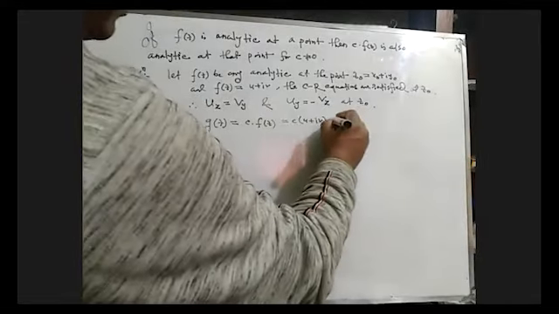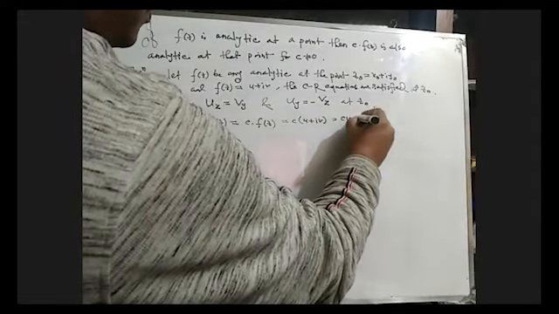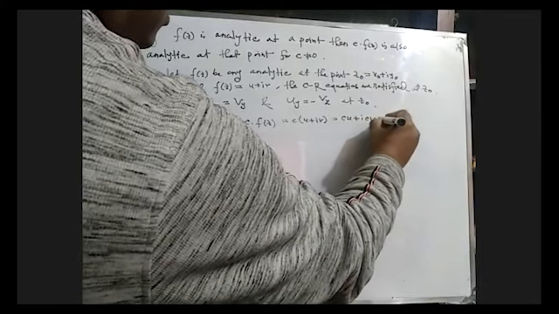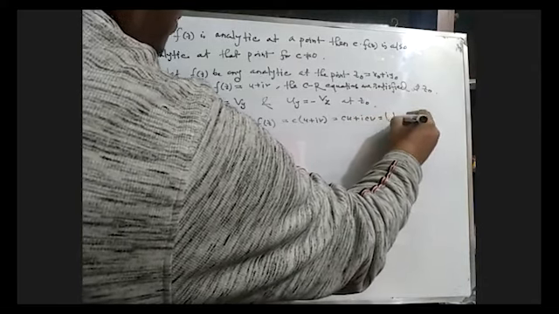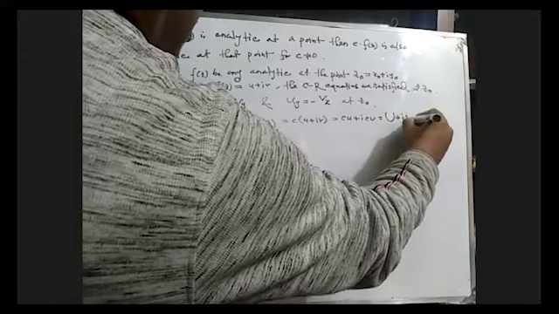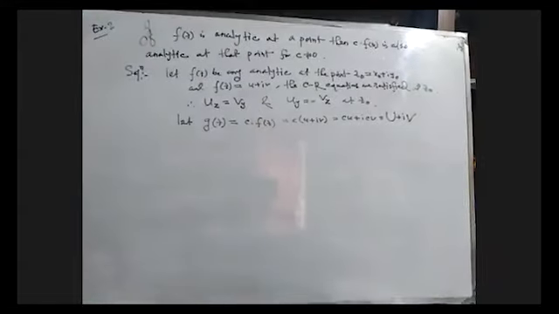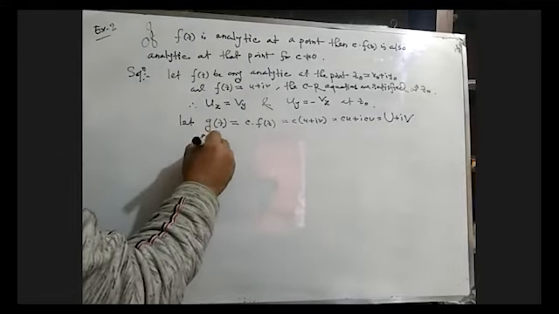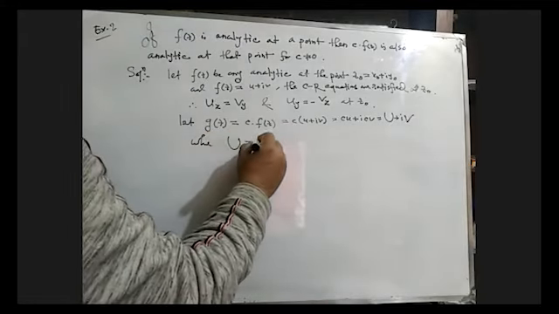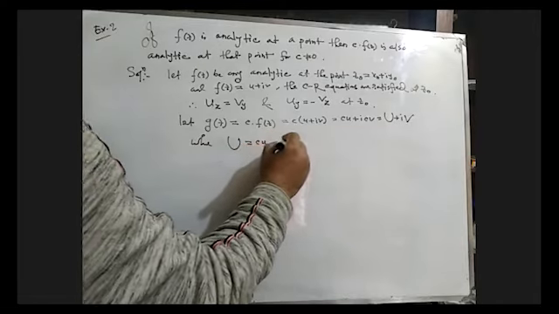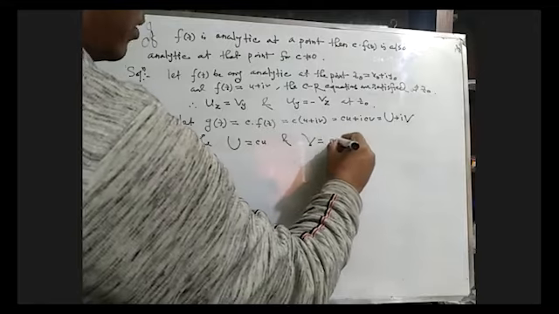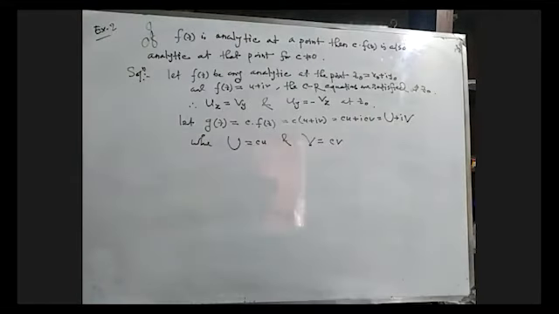That means we get cu plus i into cb. So we get capital U plus i capital B, where capital U equals c into u, and capital B equals c into small b.